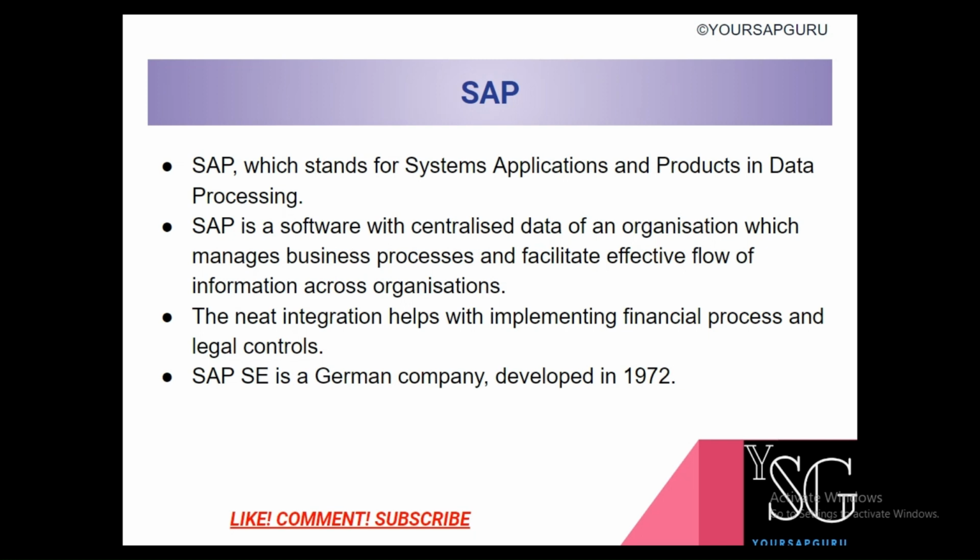In an organization there are many business processes, and the flow of information from one department or business process to another is made smooth and effective by SAP software. The neat integration helps with implementing financial processes and legal controls. SAP SE was developed in 1972 by three German IBM developers.